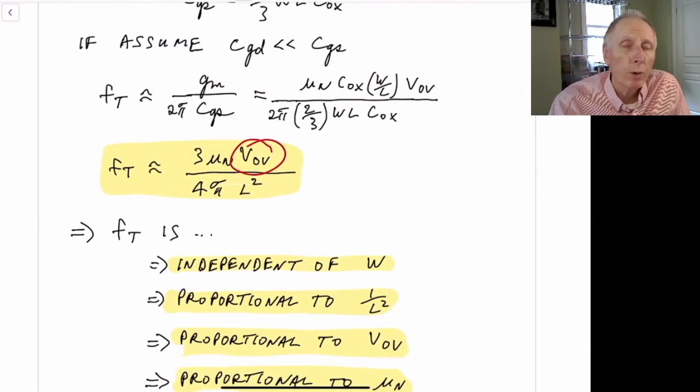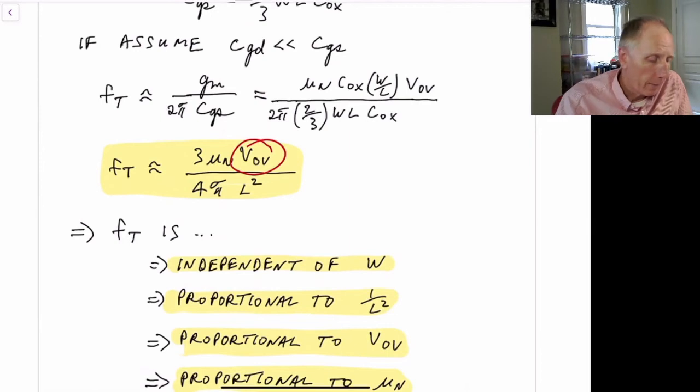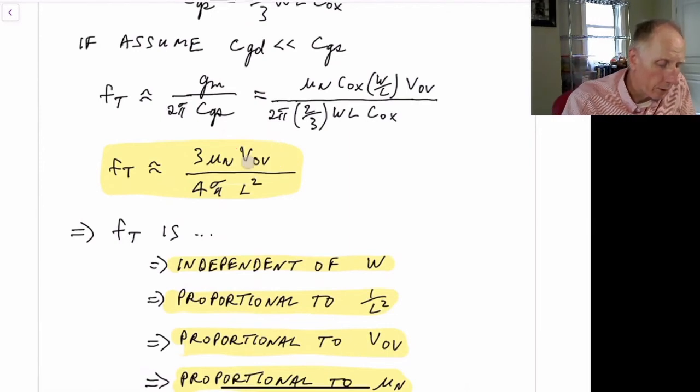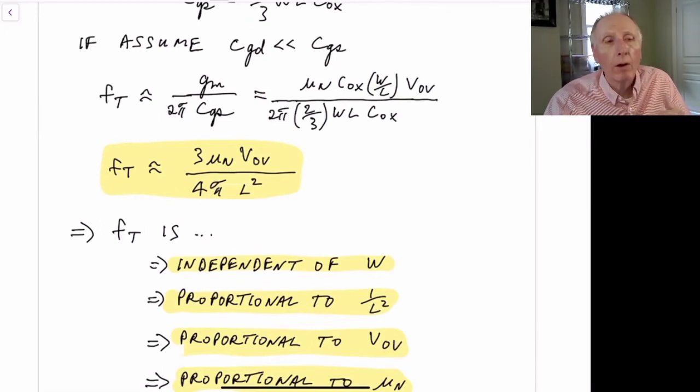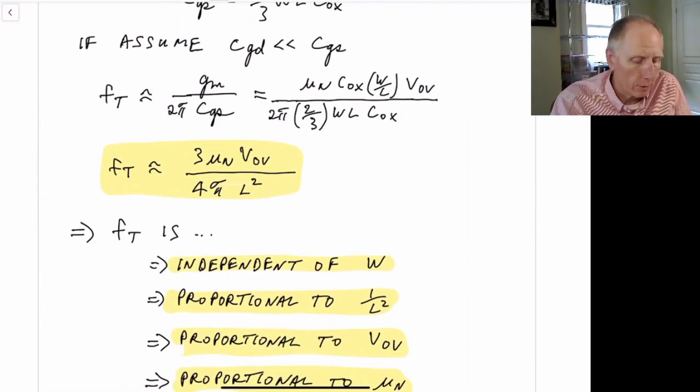So you burn more power, but you wouldn't go any faster. So generally people try to use minimum sized transistors in digital circuits, because there's no benefit to increasing the width unless you're driving parasitic capacitances, wiring capacitances, or a large number of other transistors.